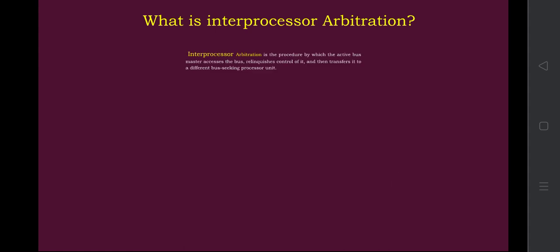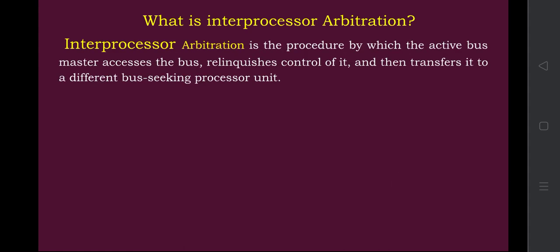As there are many processes, there should be an arbitration, that means changing the control of the buses between the processes and the devices. So what is inter-processor arbitration? It is the procedure by which the active bus master accesses the bus, relinquishes control of it and then transfers it to a different bus-seeking processor unit.